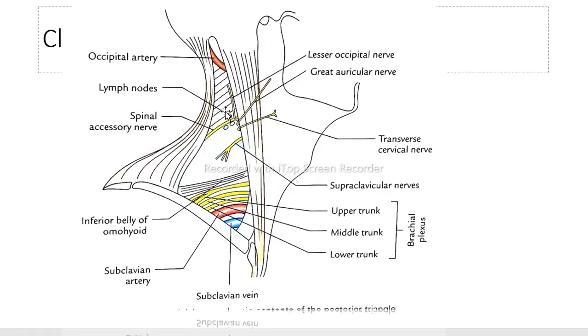So here is the spinal accessory nerve. When we remove the skin, superficial fascia, and the investing layer of the deep fascia, just below the deep fascia the spinal accessory nerve is plastered. So it is a content of the posterior triangle in the upper part, but it is more superficial.